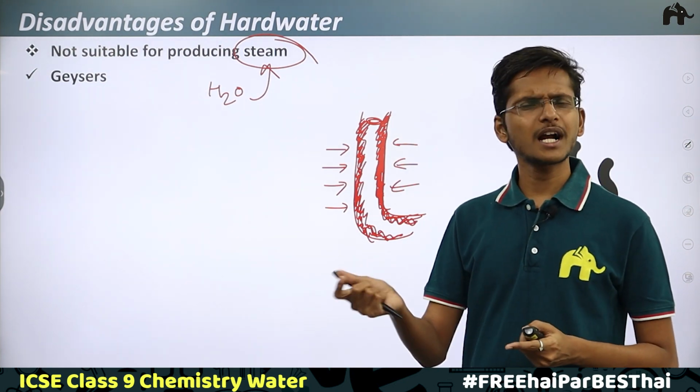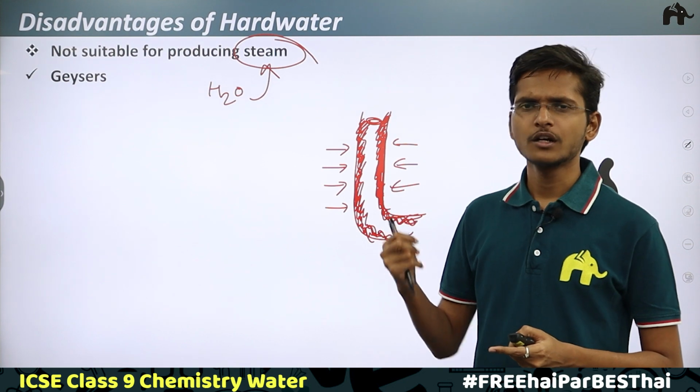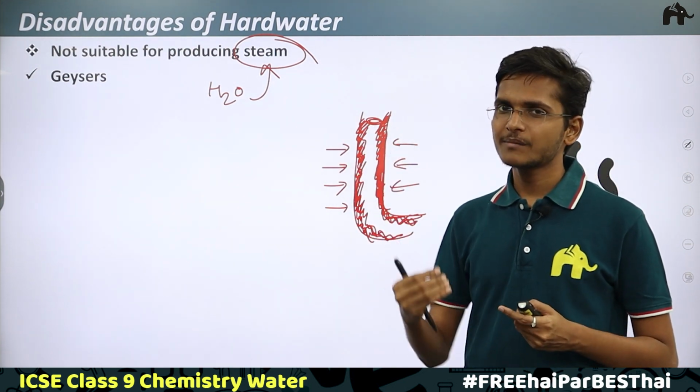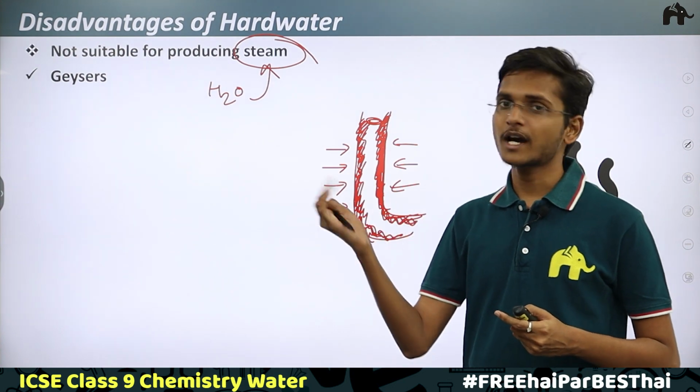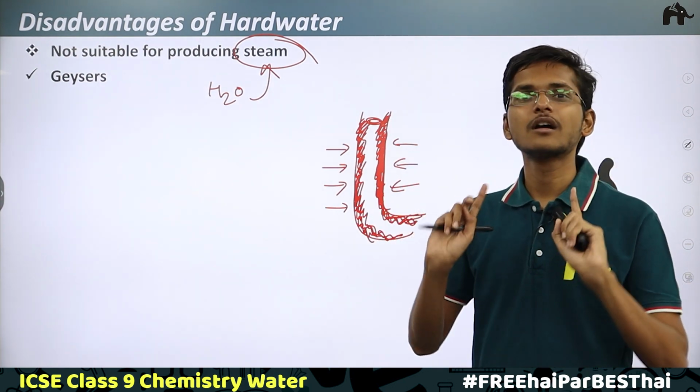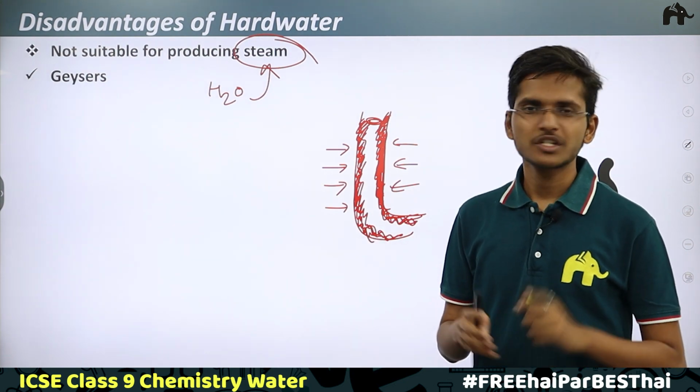Because temporary hardness can be removed by boiling. So in the geysers, when we are heating the water, our bicarbonates of calcium or magnesium may get converted into carbonates, and these carbonates are insoluble, so they may form the lining inside the geysers. So geysers may get damaged, right?